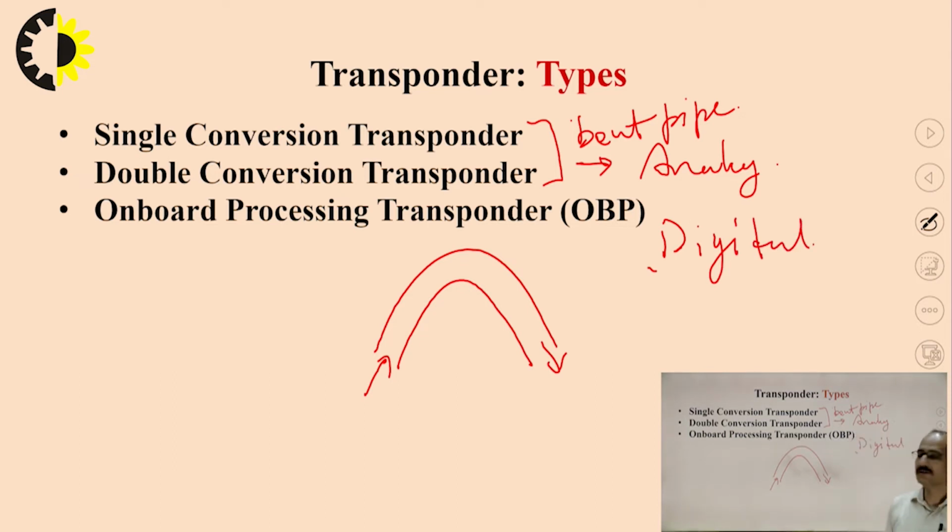Now, how did this picture come about, single and then double? Actually, in the starting of satellite communication, initially 300 megahertz bands were used. For the 300 megahertz systems, only a single conversion transponder was used, because that is basically related to the C band, and that increased towards the 500 megahertz frequency band.